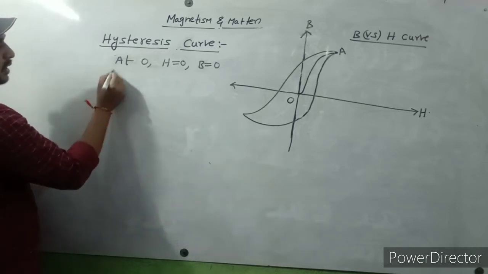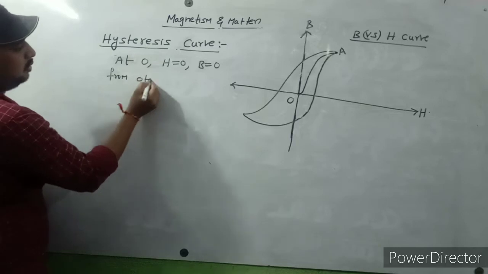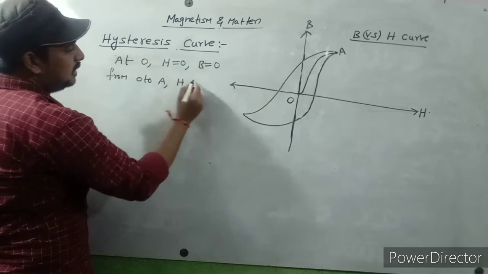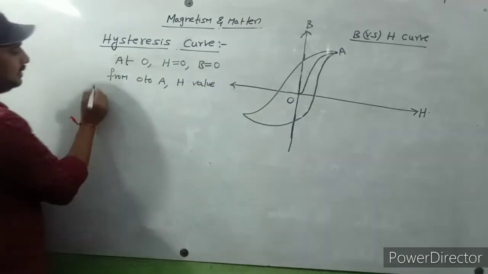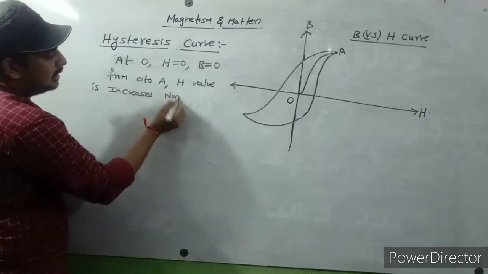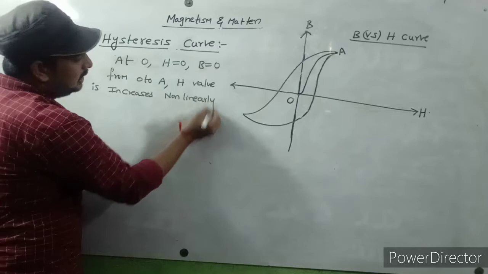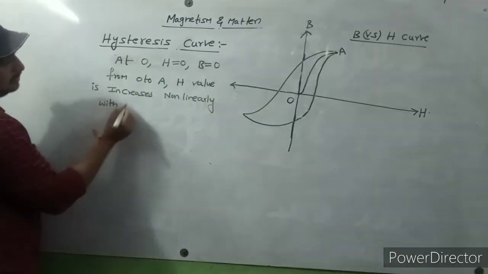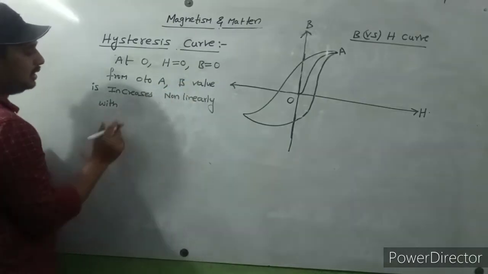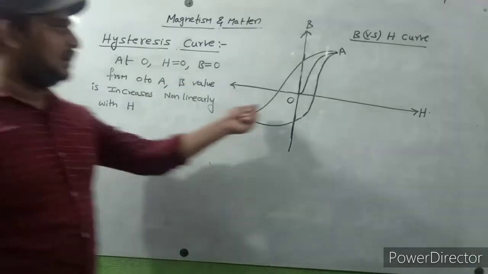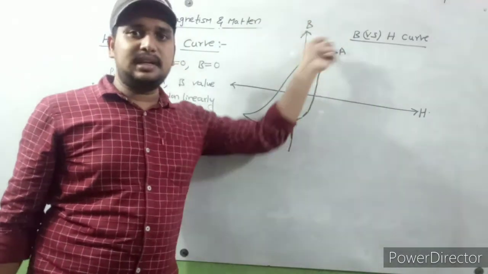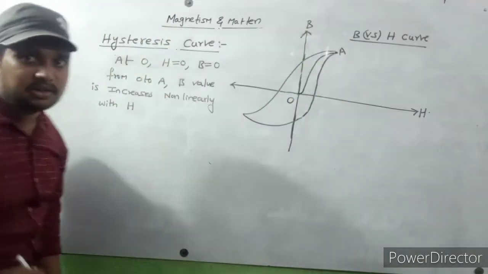From O to A, the H value increases gradually, and B increases non-linearly with H. That means if H increases, B also increases, but non-linearly.